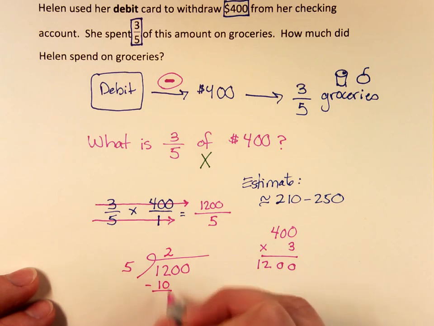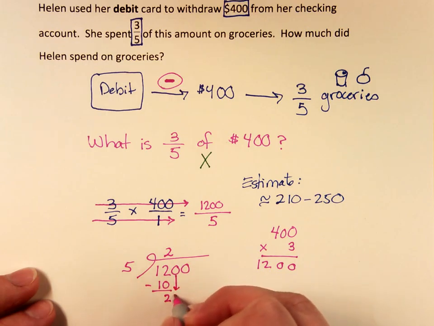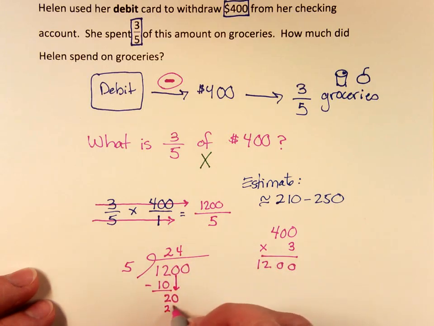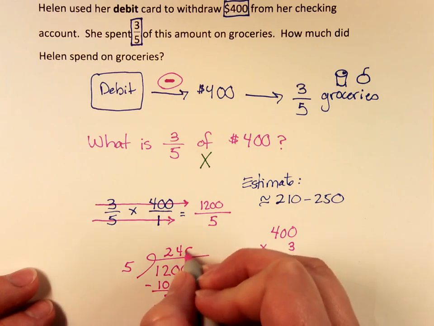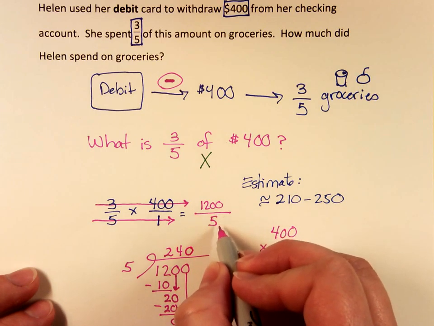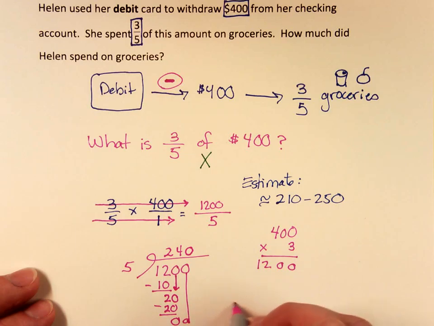And you subtract. 2 minus 0 is 2. 1 minus 1 is 0. Now you have to drag this other 0 down. How many times does 5 go into 20? 4 times evenly. 4 times 5 is 20. Now you're left with a 0, so you can drag it down if you want to, or just carry it up to the top. So 1200 divided by 5 equals 240. $240.